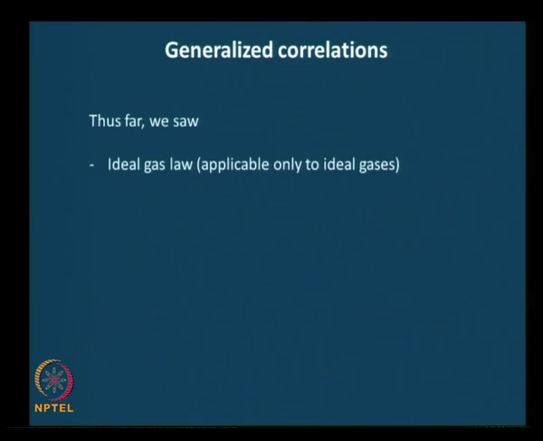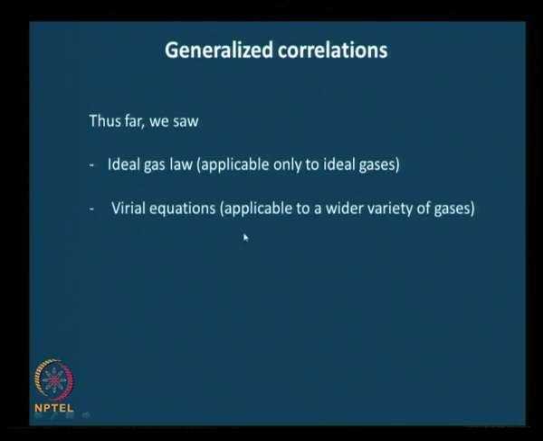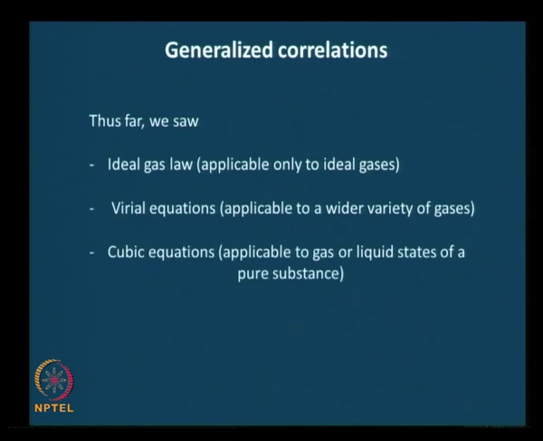Now let us look at something called generalized correlations. To see this in the context of whatever we have already seen: the ideal gas law, which is applicable only to ideal gases, very few gases; virial equations, which are applicable to a wider variety of gases; and the cubic equations, the van der Waals and Redlich-Kwong being examples of cubic equations of state that we saw.